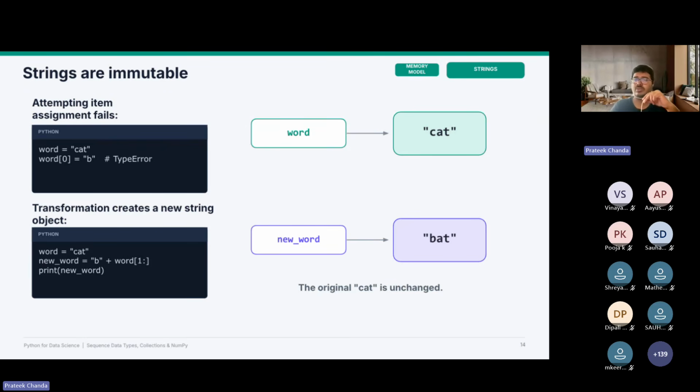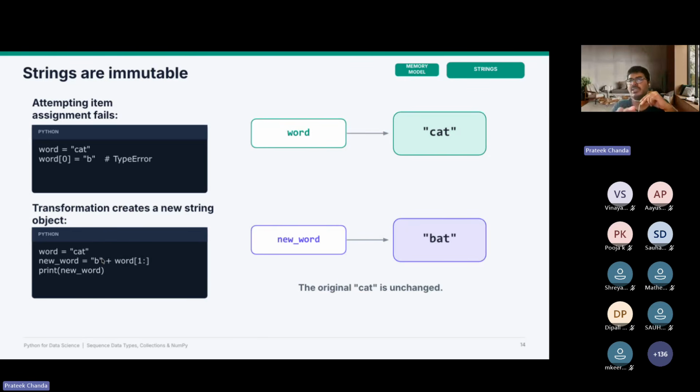And if you want to actually transform, what you can do is generate a new word. You can add B at the initial position and you index it from the second position. So you do indexing from index 1, so it gives me at, and you are adding B at the starting of that word, so you get that as the new word.